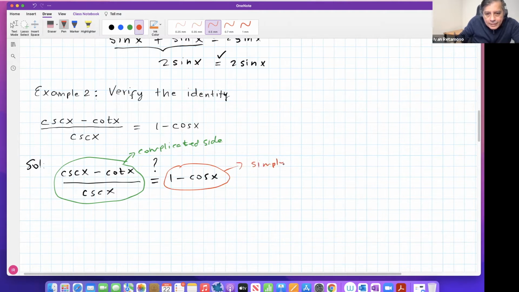Work with that, guys. Verify this identity. And then I'm going to give an extra hint. Try to divide this cosecant into this, and see what happens there.